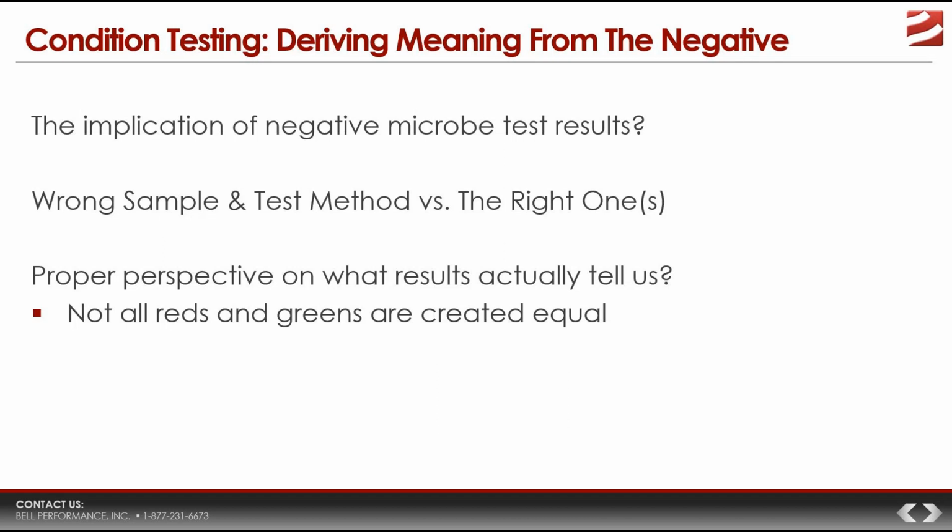So not all greens and not all reds are created equal. It's a total number, but it doesn't tell you all the different kinds that are in there. And whether that number is going to cause us a problem depends on the microbial composition that's making up those greens and those reds.